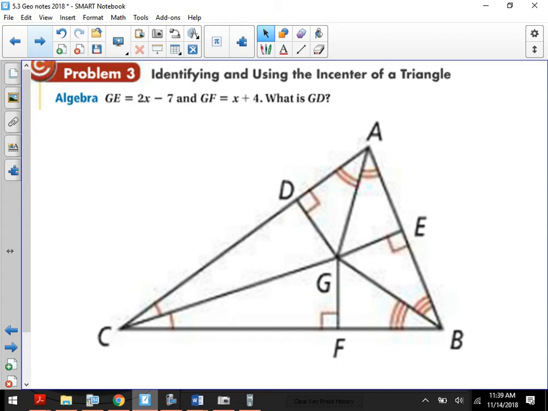Stuff like that. So when you're looking at this, you probably don't even need to go through the whole picture. Because if they say that it is an in-center because you're working with angle bisectors, which segments all have to be the same? From the point to the side.